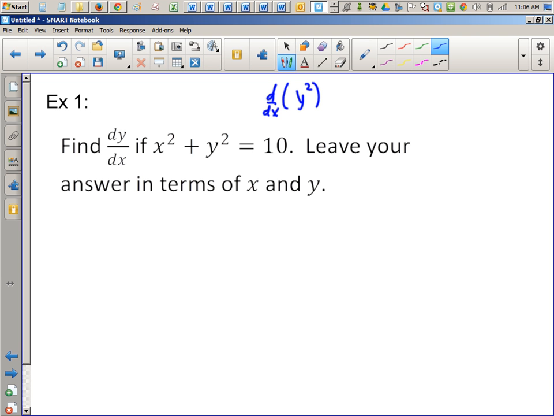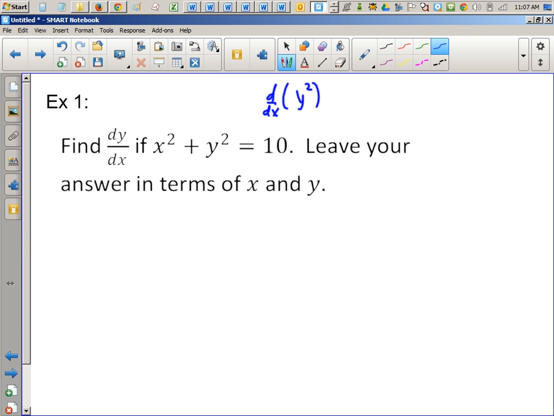It's an unknown inside function. The function is raised to the second power. That means the y here probably is like an x squared or a sine x. So you're going to write 2y. That's not wrong, but it's not complete.